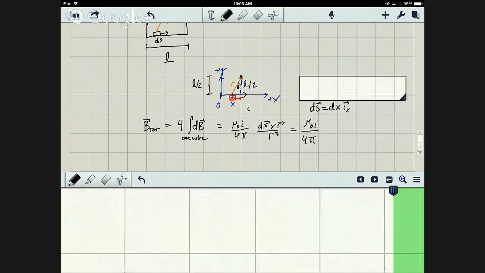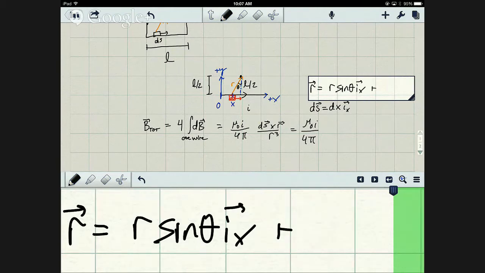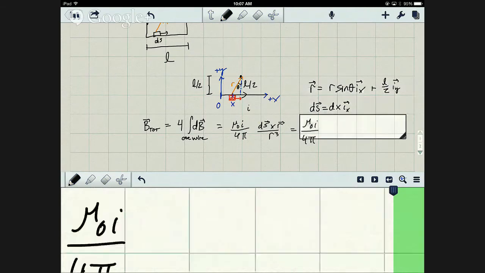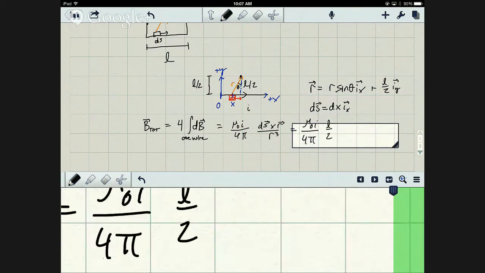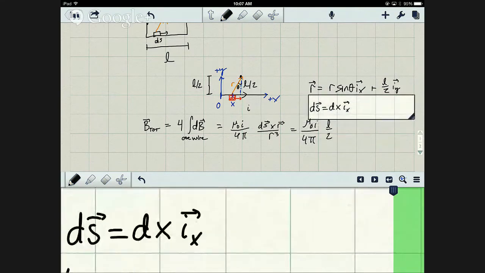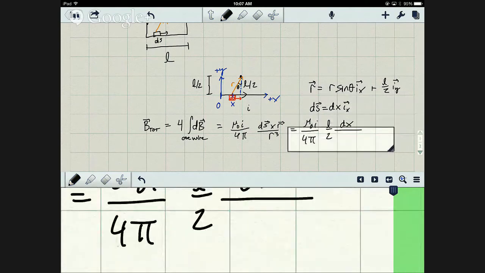So we have R equal to R sine theta Ix plus R cosine theta, which is always going to be L over 2, Iy. And the cross product of those two is going to give us L over 2, and then we're going to get dx divided by r cubed.